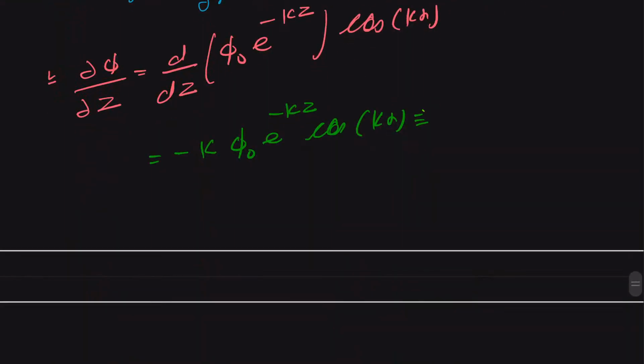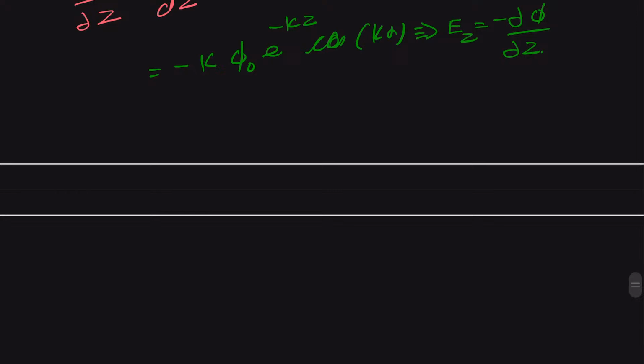Therefore, we get the electric field in z direction will be equal to plus k phi naught e raised to power minus kz cos of kx.